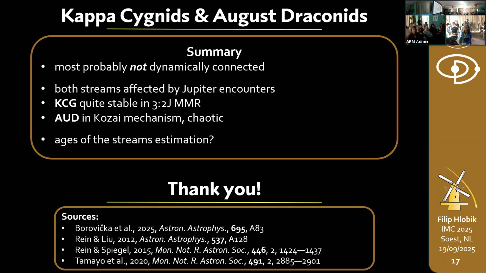So, to summarize our findings for now, we are mostly sure that these are probably not dynamically connected, and that the similarity in their radiance is coincidental. We have seen that both of the streams are affected by Jupiter encounters mainly.